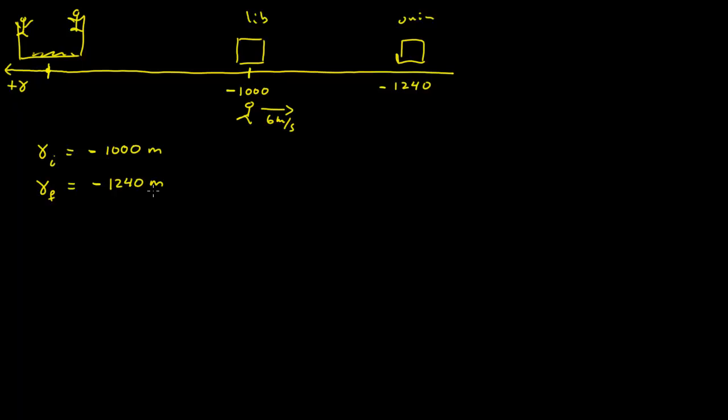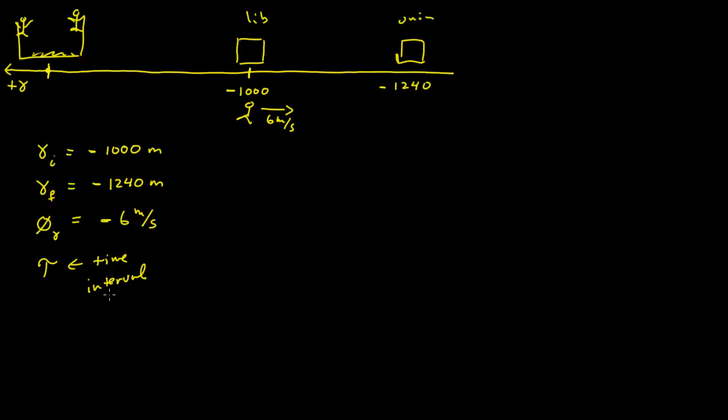My velocity, which I'll use the symbol phi for, because I don't care, I can use anything I want. Phi sub gamma represents my velocity. It's 6 meters per second in the negative gamma direction. And the time interval I'll call tau.